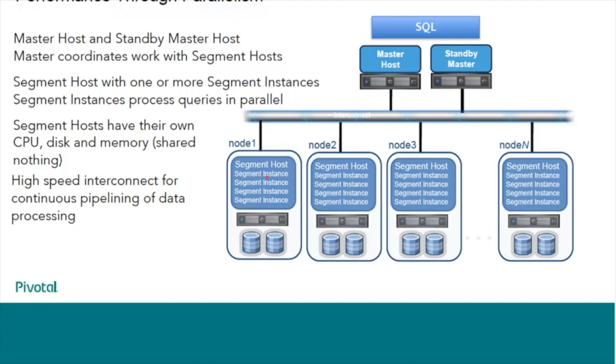These could be commodity, COTS, off-the-shelf hardware that you can get. Each of these hosts has its own CPU, disk, and memory. In a production environment, the minimum number of segment servers you have is 4, but we have customers with well over 100 segment servers.